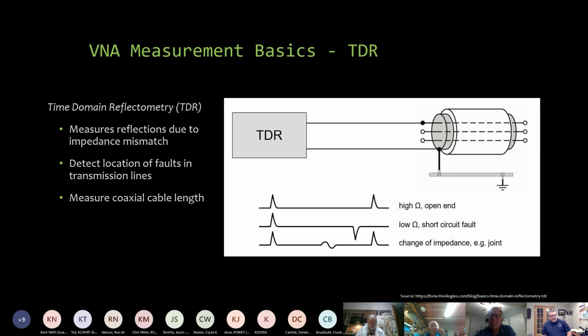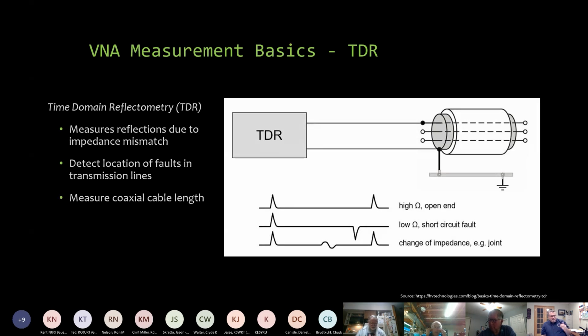The last measurement that we can make, not the last, but the primary measurements that I'm touching on here, the last of those is TDR, or time domain reflectometry. And as I mentioned, we're sending a signal down a transmission line, and we're measuring the reflections coming back as well as the phase of those, whether it's in phase or out of phase.